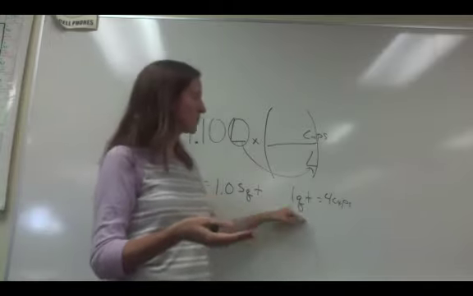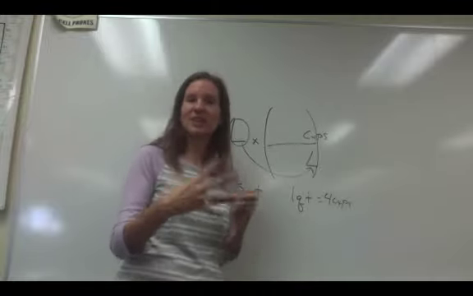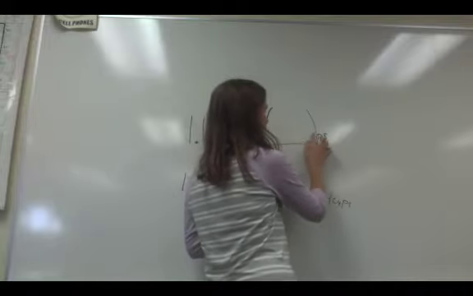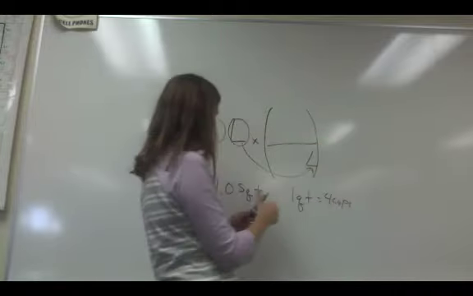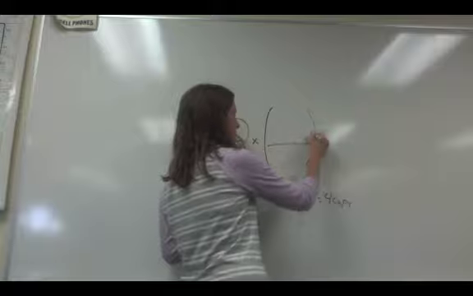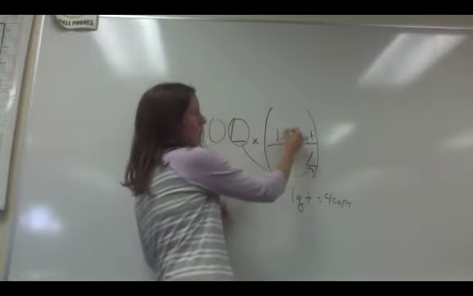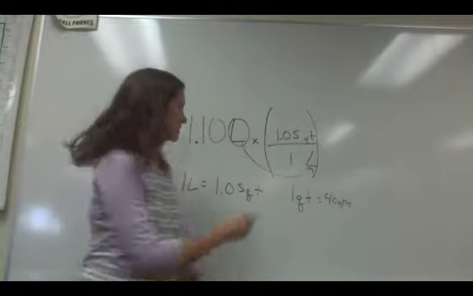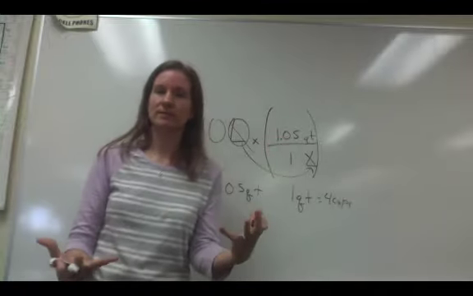But you also have a relationship of quart to cup. And with those two relationships or conversion factors, you can get to the final answer. So I can't go straight from liters to cups. That's life. But I can go to quart, because I have a relationship that for every 1.05 quart, I have 1 liter. So liter's gone. And now I'm in quart.